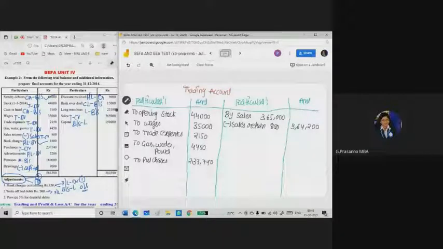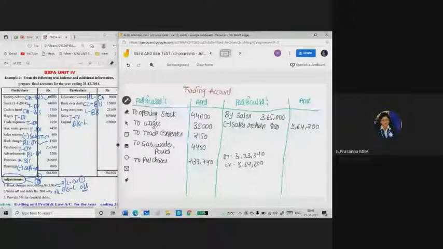So I'm writing rough notes here. The debit total is 3,23,340 rupees, and the credit total is directly 3,64,200. So 3,64,200 minus 3,23,340, here we are getting gross profit of 40,860 rupees.